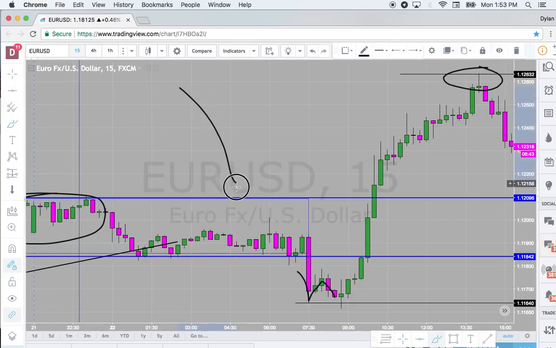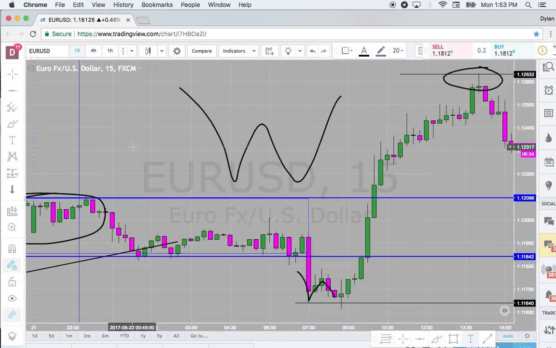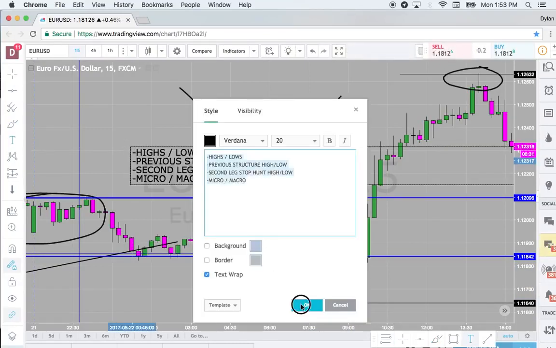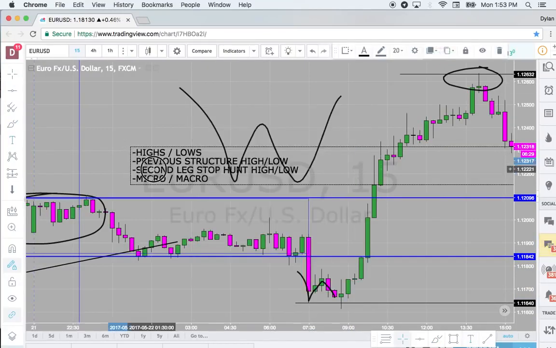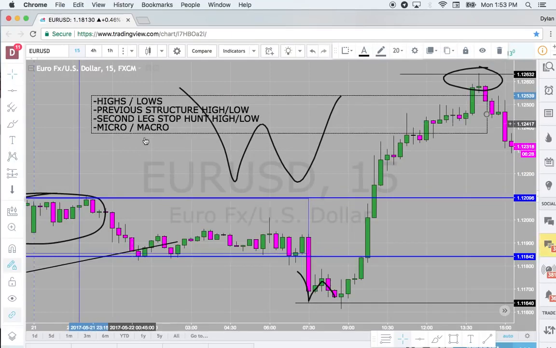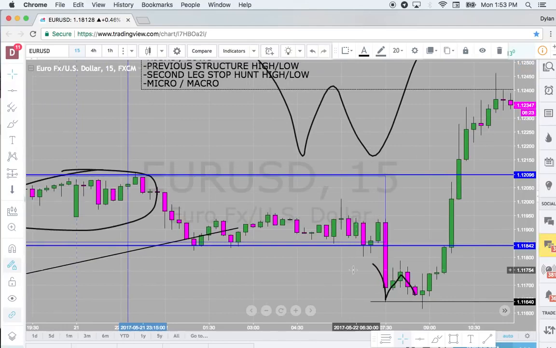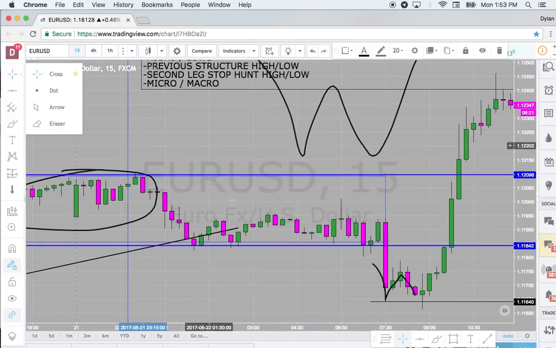The W formation forms. We can see it right here. W formation. In the characteristics, we talked about the highs and the lows. The W formation was formed at the low of the day. Okay?